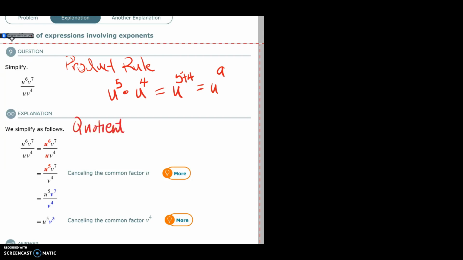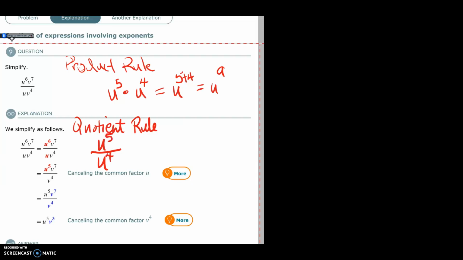And so the quotient rule says that if you have bases of the same, and quotient means to divide. So in algebra and pre-algebra, dividing is with a fraction because that's division. So if you have bases of the same, let's say u's again, and you have powers, so I'll say a 5 and a 4 again.